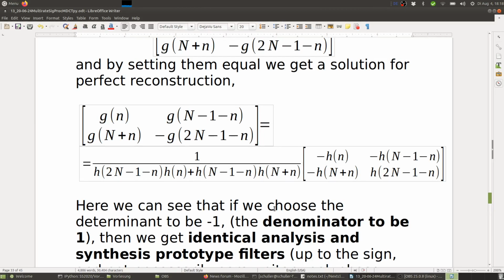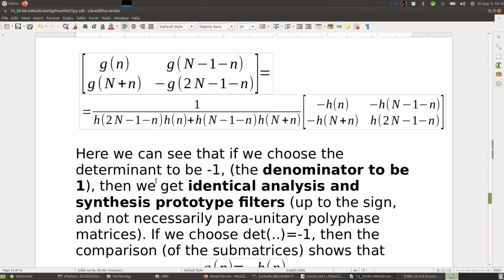So here we can see if we choose the determinant to be minus 1, or this denominator to be 1, then it's actually identical, right? Then g of n is h of n, or minus h of n. Yeah, so then we get identical analysis and synthesis prototype filters up to the sign, and the sign doesn't really matter for the magnitude frequency response.